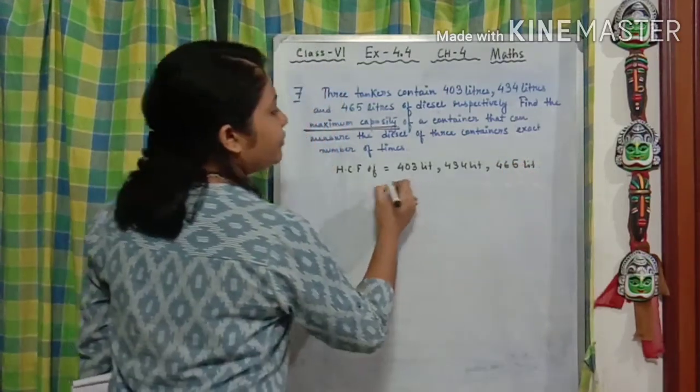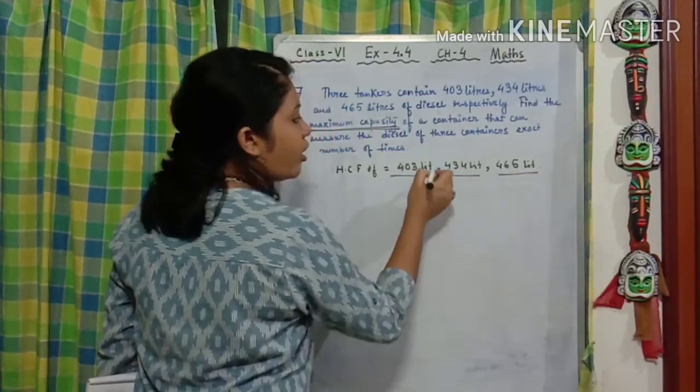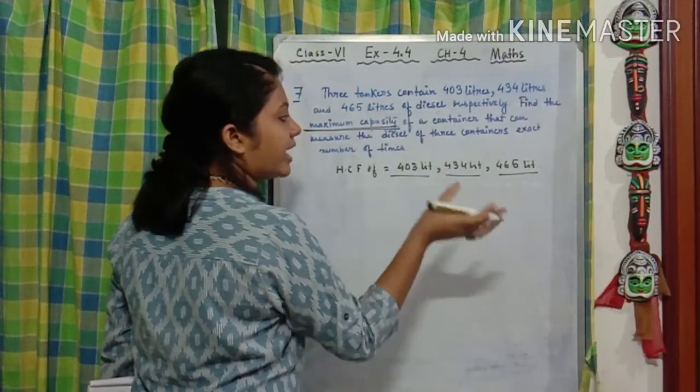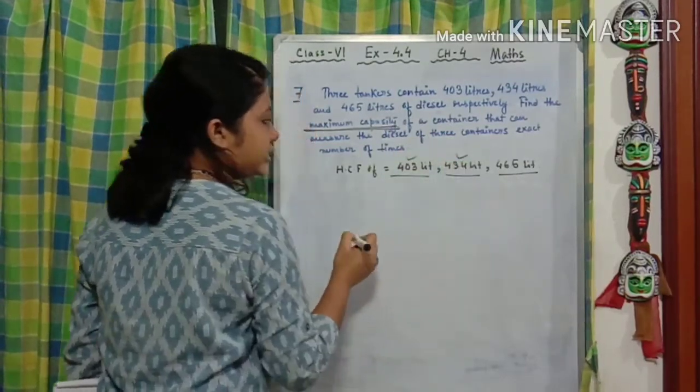Now when we are considering 3 different numbers, we always divide the second smallest number by the smallest number first. So these 2 will be considered first.